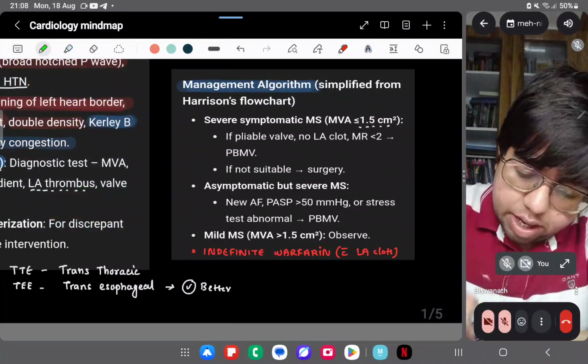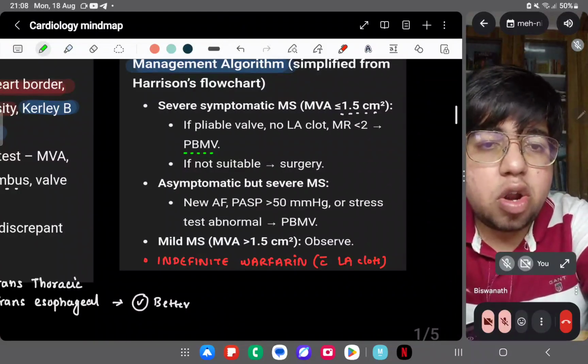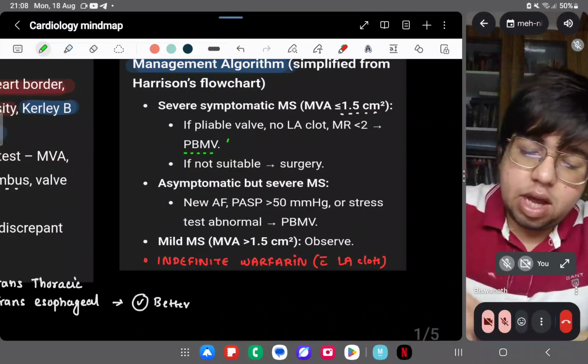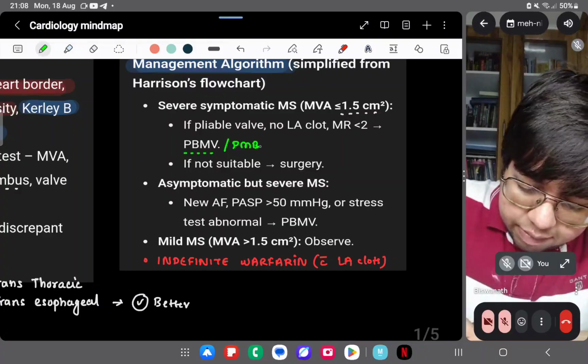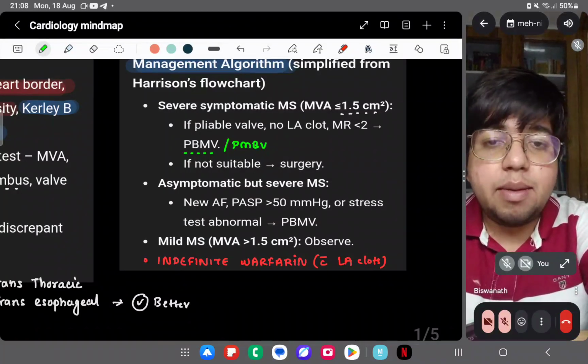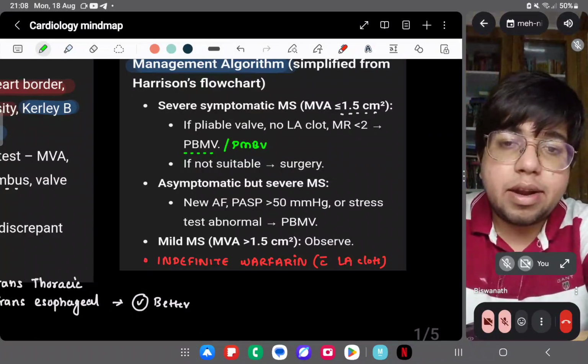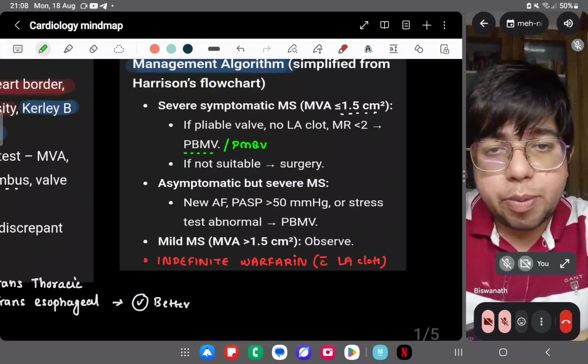You can say PBMV or you can say PMBV, anything you can say. Percutaneous mitral balloon valvotomy.